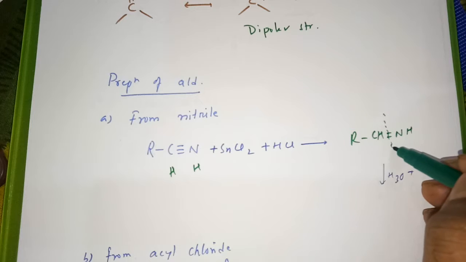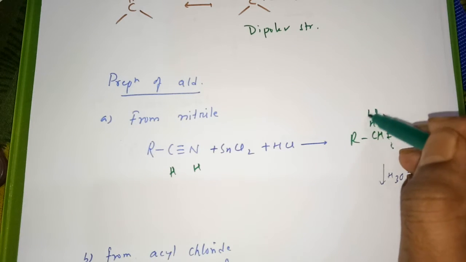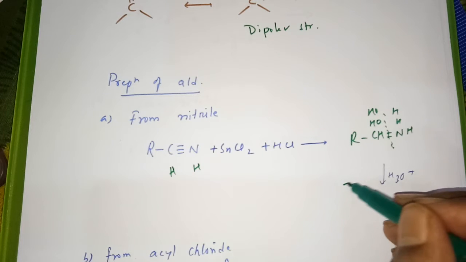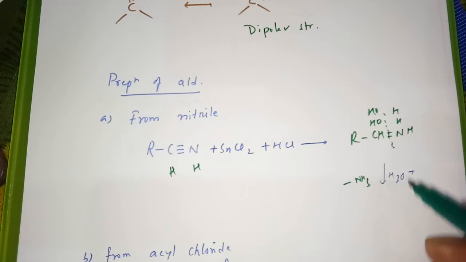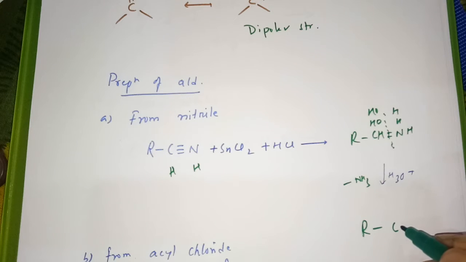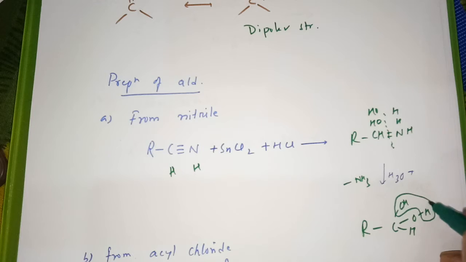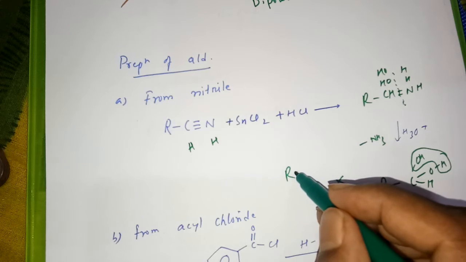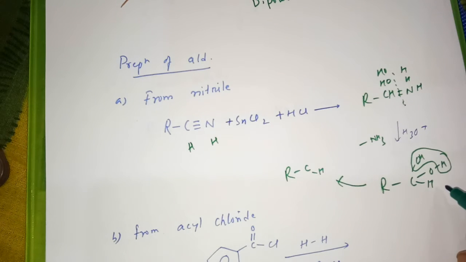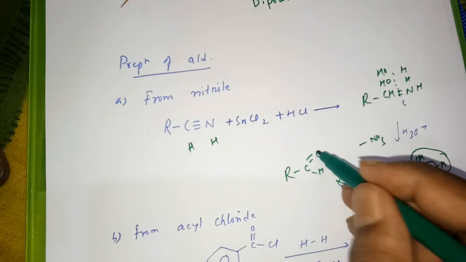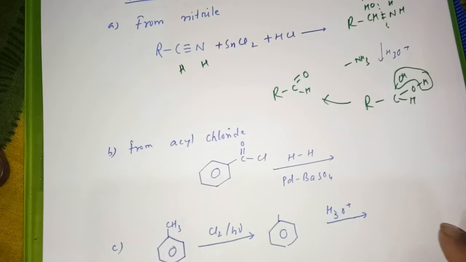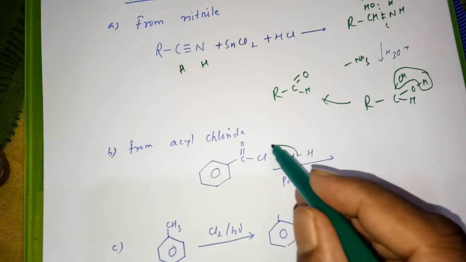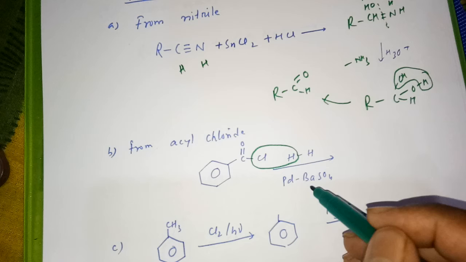Now if you do hydrolysis, then what happens: 2 OH come here, 2 H come here, and there is a loss of ammonia, NH3, and then it is RCH(OH)2. The two OH on one carbon atom is an unstable situation, so there will be loss of water, which gives RCH double bond O.